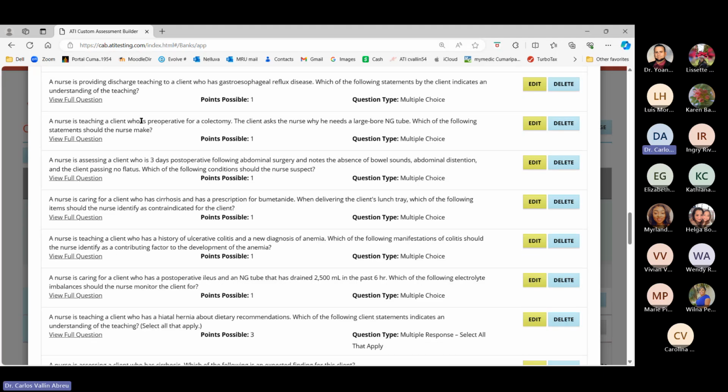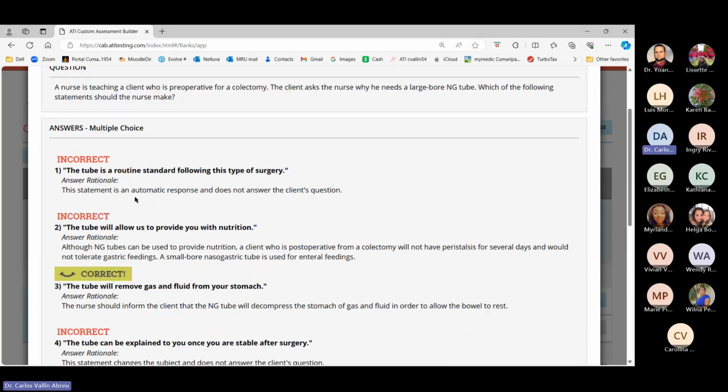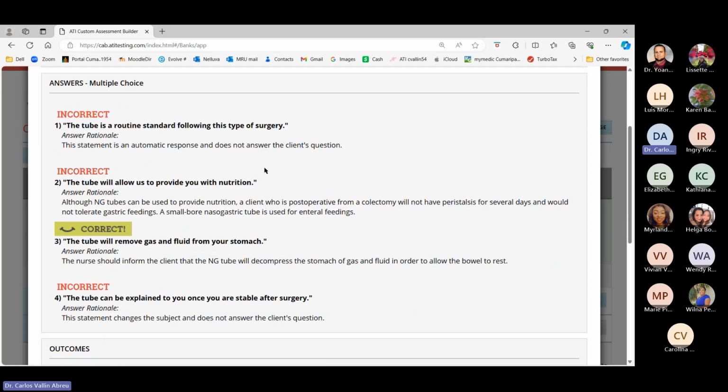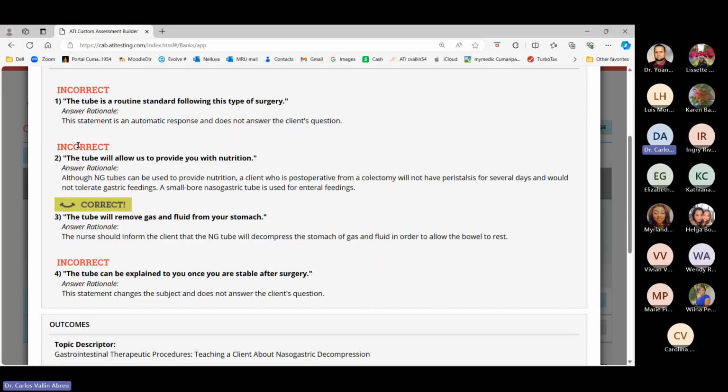A nurse is teaching a client who is pre-op for a colectomy, so he is going to have part of the colon removed. The client asks the nurse why he needs a large bore nasogastric tube. Which of the following statements should the nurse make? The tube is a routine standard following this type of surgery. This is not an answer.